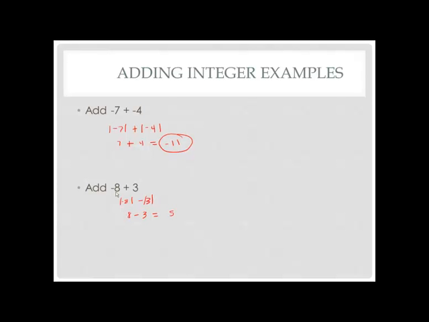But since my 8 had the negative, then my answer would be -5. Again, it's just kind of like a bank account. If you're -$8 in the hole and you deposit $3, now you only owe the bank $5. So you would just find the difference of the absolute value of the numbers and you would take the sign of the higher number.